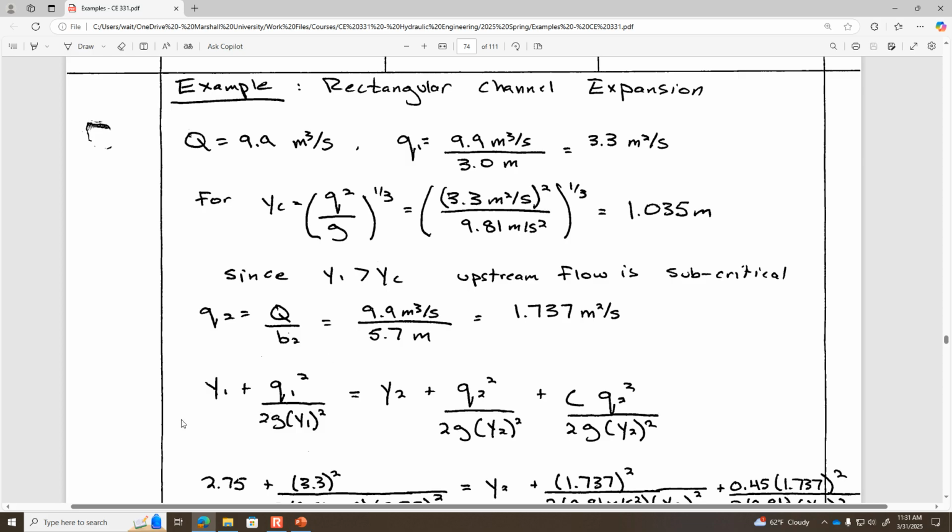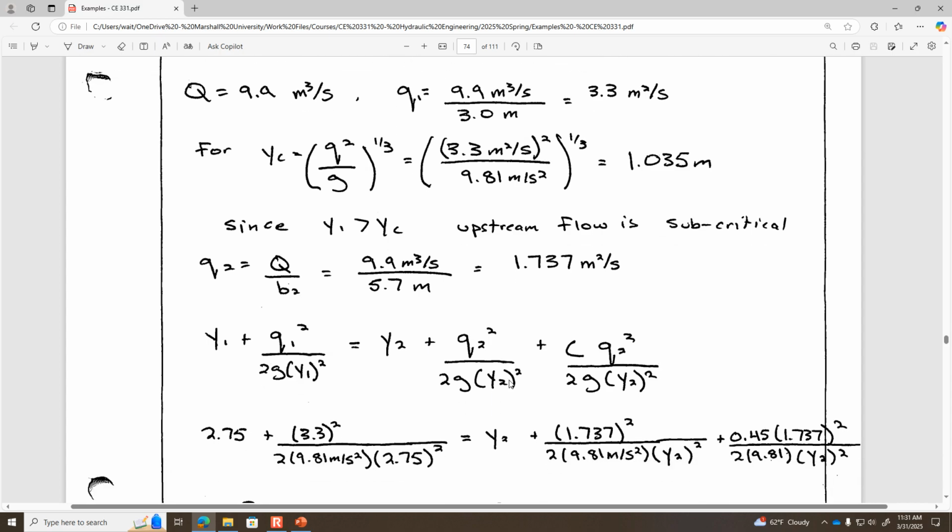So then here's the specific energy equation when we are accounting for the expansion loss. Now I could have just said 1 plus c and multiplied it by this. You know how it's 0.45 times the velocity head, and this is 1 times the velocity head. So maybe I could have just said 1.45 times the velocity head. But in any case, what we've got is the makings of a cubic equation.